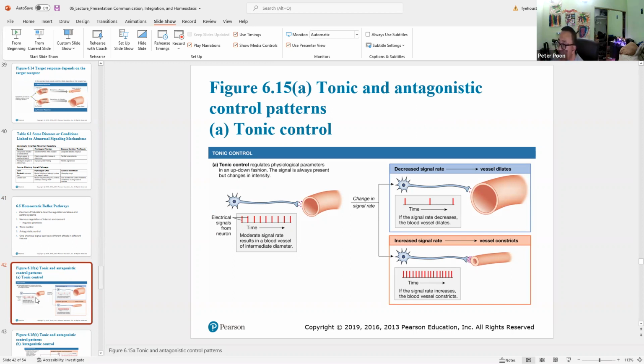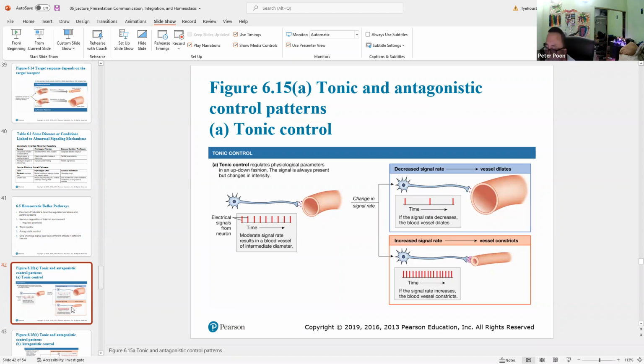There's the tonic control, where you can increase or decrease. There will be some signaling through, and that signaling can go up or down. Going up will lead to an increase, and going down will lead to a decrease. But it's never on or off. It is just high or low.